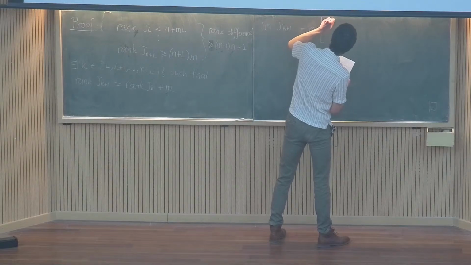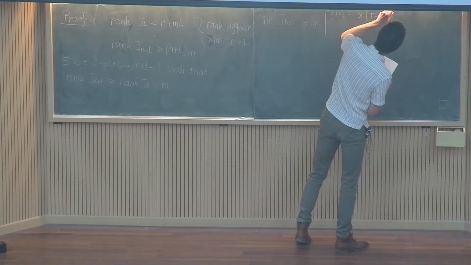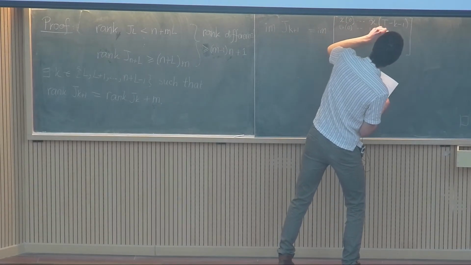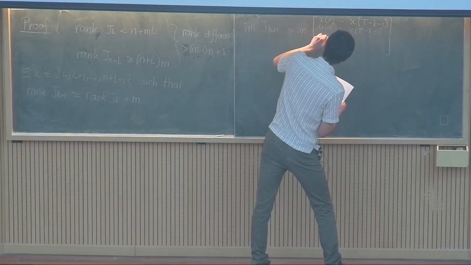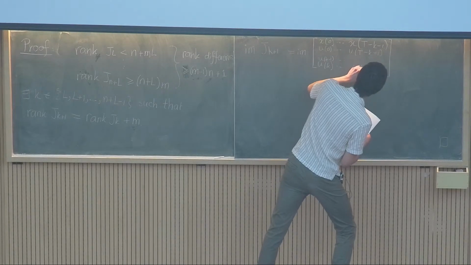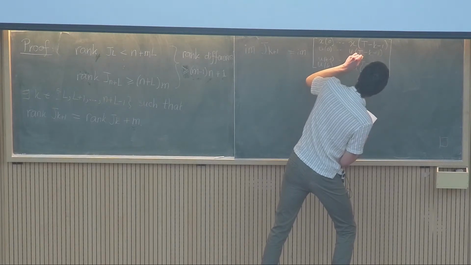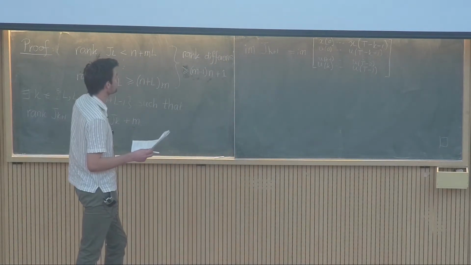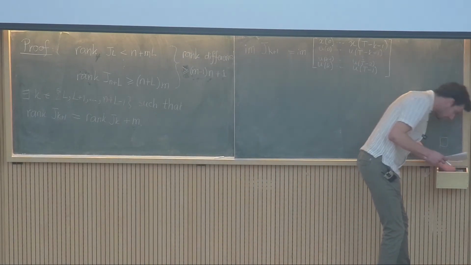So I write it down again. x_0 up to x_{t-k-1}, u_0 up to u_{t-k-1}, up to u_{k-1}, u_k, and we complete this up to u_{t-1}, u_{t-2}, like this. So this is the matrix J_{k+1}.